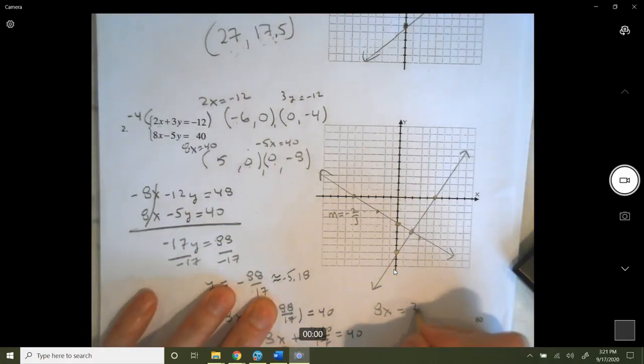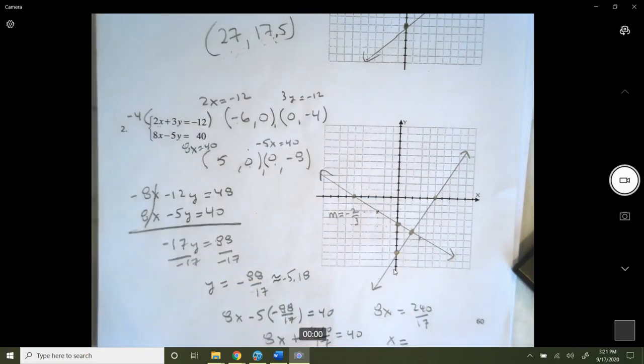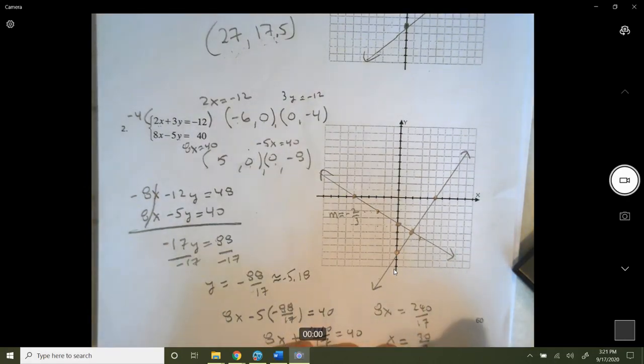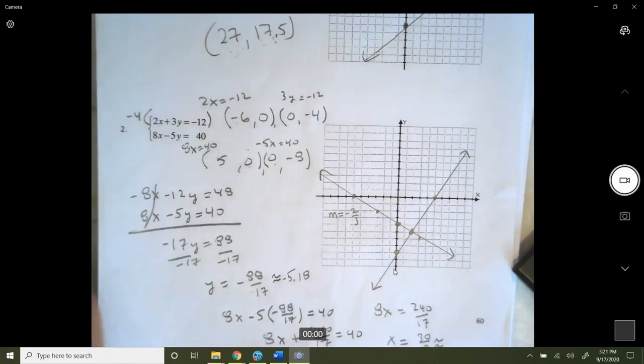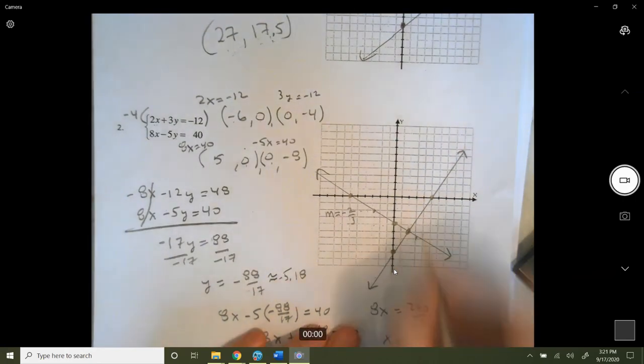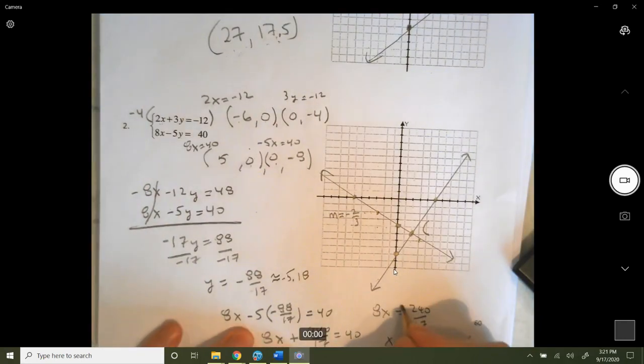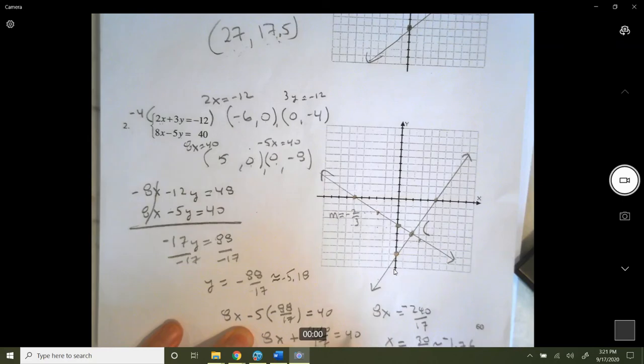So 240 over 17. So x will equal 240 over 17 divided by 8. So 30 over 17, or roughly, if we do that as a decimal, 1.76. Okay, that looks about right. So our ordered pair there, and that should be negative, right? So we did 40 minus that. Let me make sure I did that right.